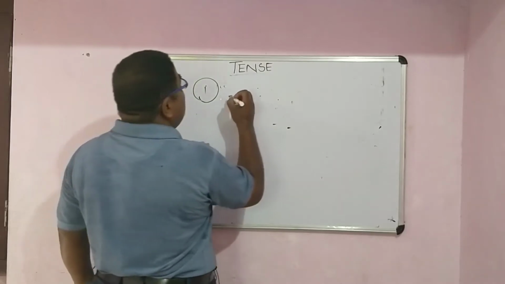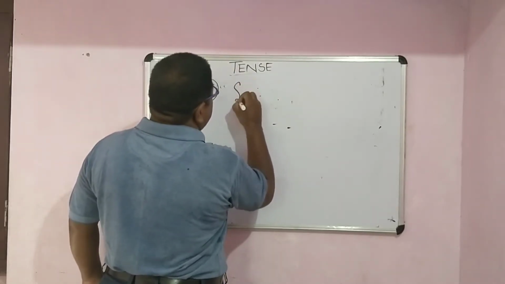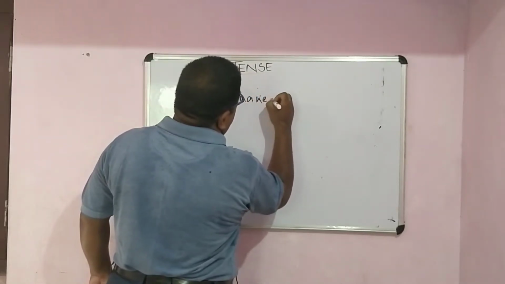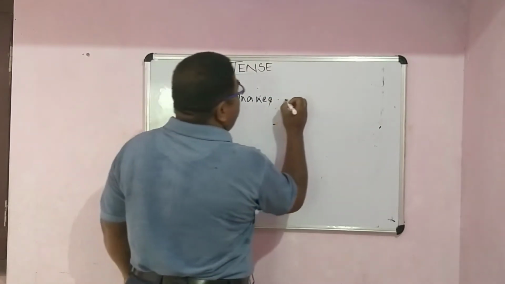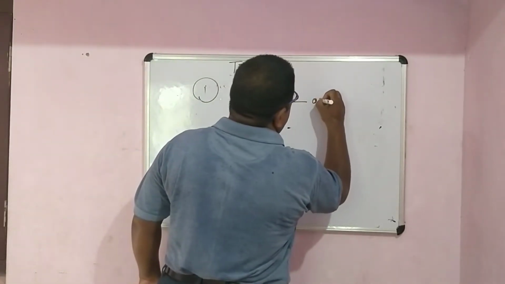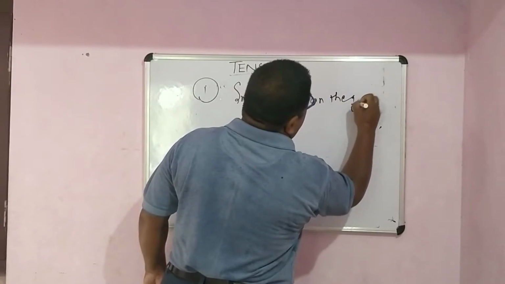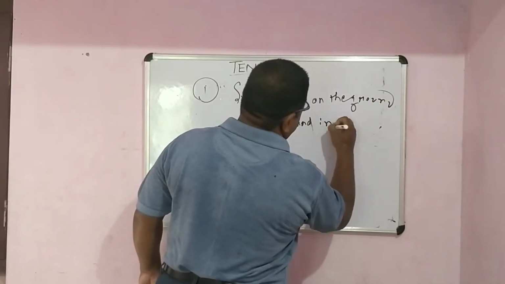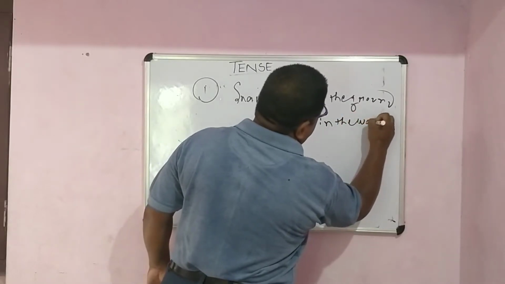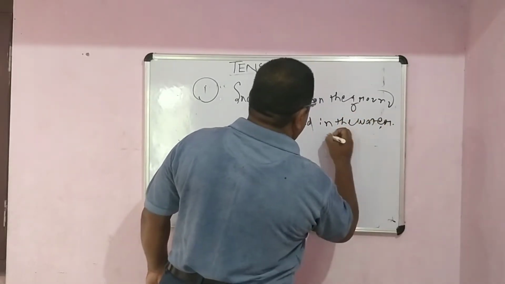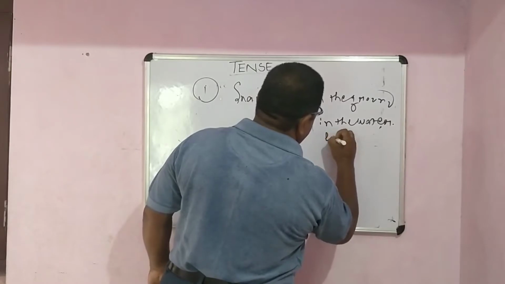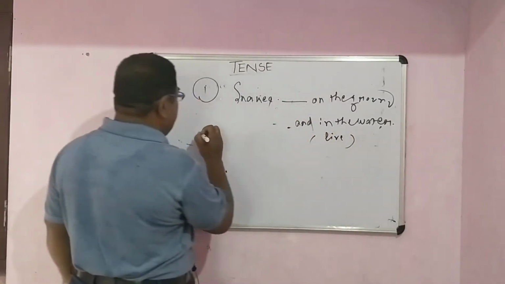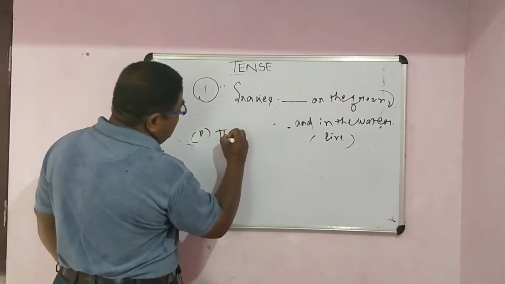Number 1. If I say, snakes dash on the ground and in the water. So our tense is live. Number 2, the monkey.